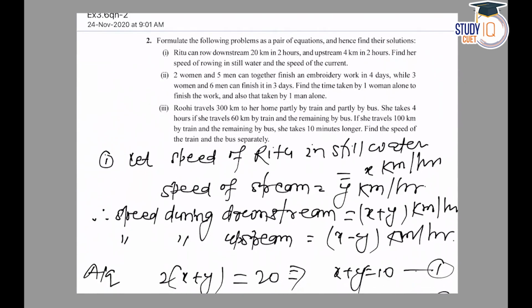Now, second question is, 2 women and 5 men can together finish a work in 4 days, while 3 women and 6 men can finish it in 3 days. Find the time taken by one woman alone to finish the work, and also that taken by one man alone.